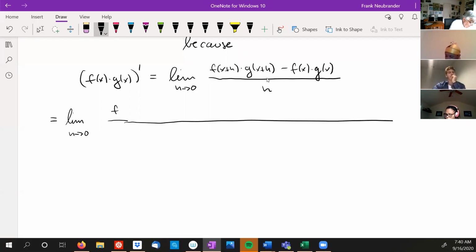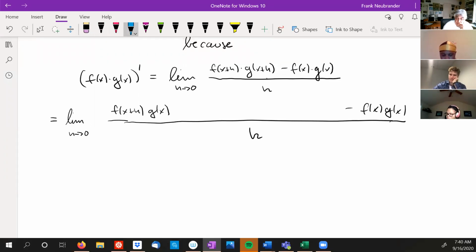Then I have the f of x plus h times g of x plus h, and I have the minus f of x times g of x, and I divide it by h. So it's the same, I didn't change anything. And I left the space in the middle because I can add or subtract 0. It doesn't change anything. So now I subtract here.